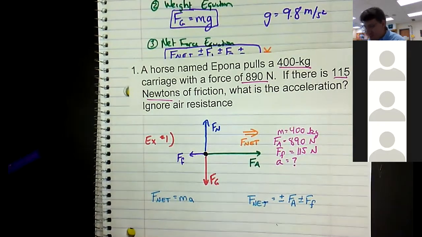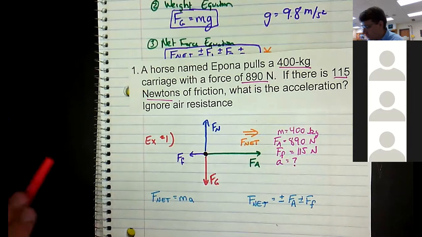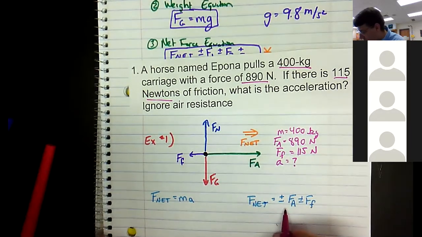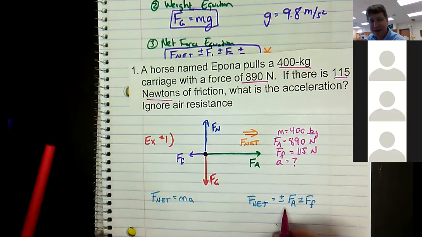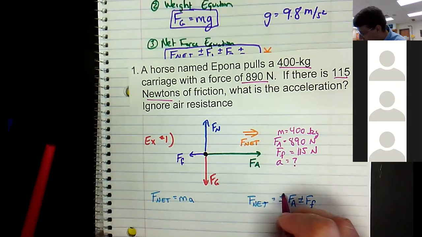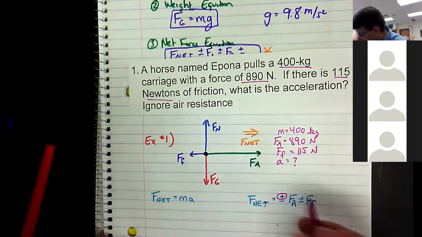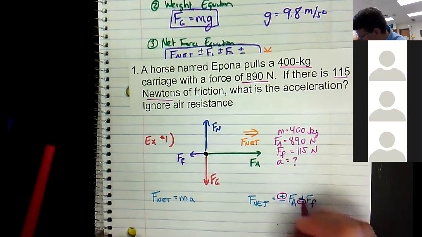Now, the reason why this says plus or minus is because we have to look back and decide, is the applied force going forward or backward? Is it going with the net force or against it? Anything that's going with the net force, we're going to make positive. So applied is going with it, but friction is going against it, so it becomes negative.